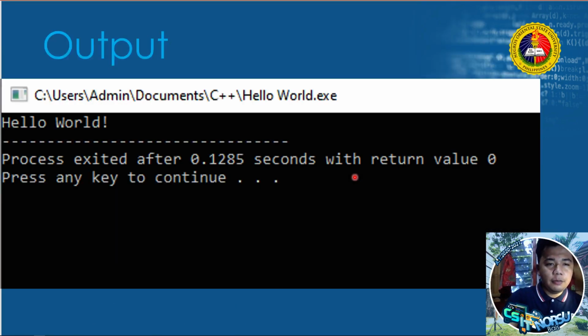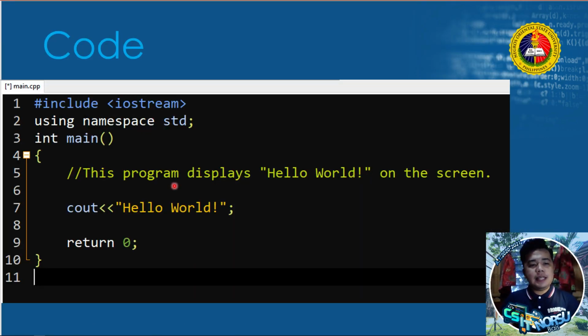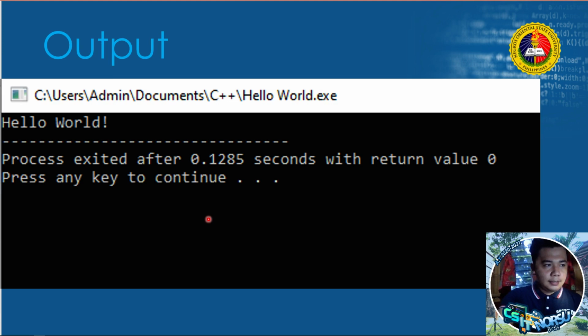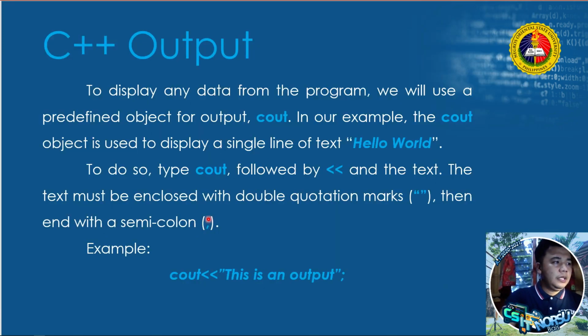Let's go back. So we use the cout to display a text saying hello world. Now it's only one line. If you can see there, it is only a single line of text. So how did we do that?